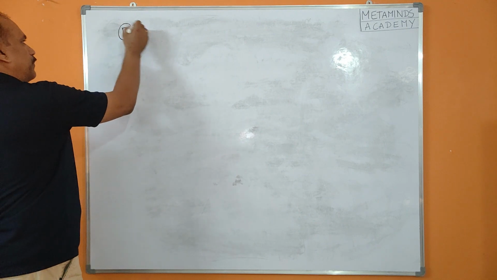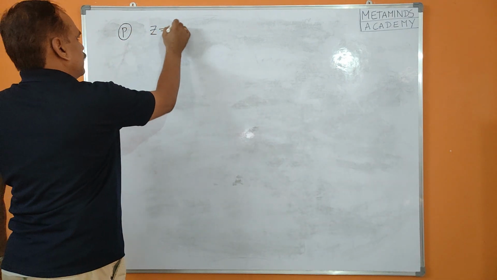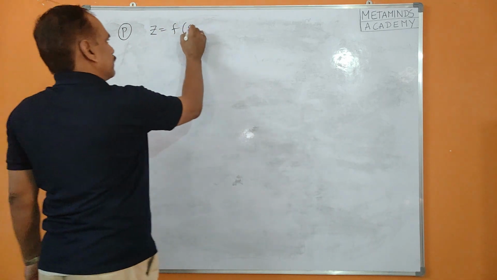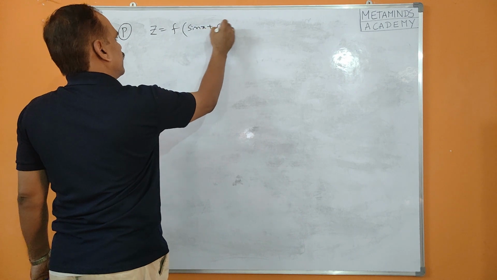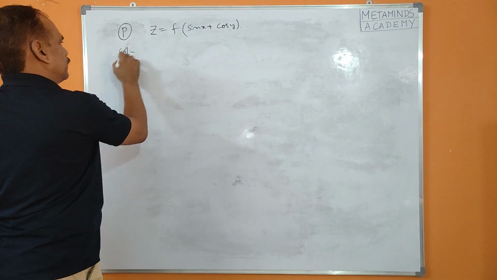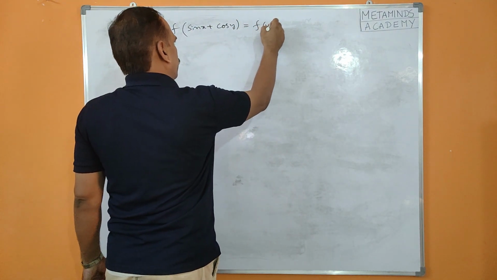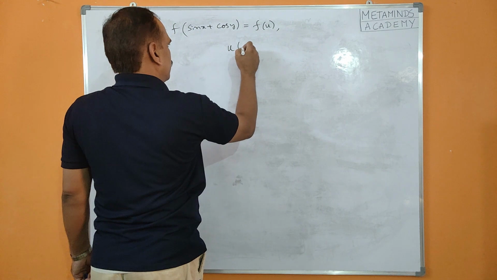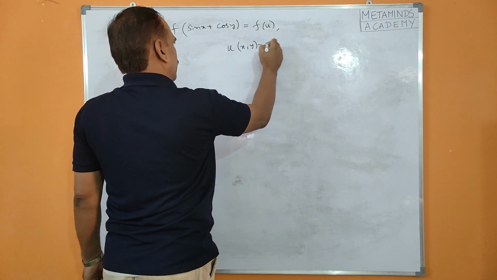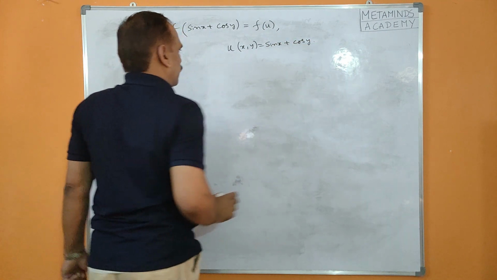Now take another problem. Z equal to f of sin x plus cos y. You can name it as, or you can take it as f of u, where u is a function of x and y is given by sin x plus cos y.